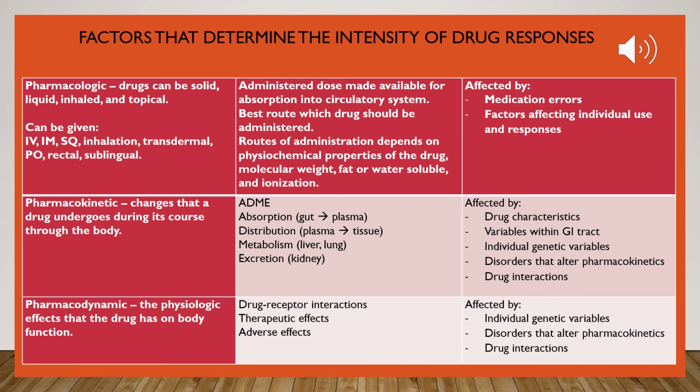And then we have pharmacodynamics, which is what the drug does to the body. So drug receptor interactions are determined by that, along with therapeutic effects and adverse reactions. Pharmacodynamics can be affected by individual genetic variables, disorders that can alter the pharmacokinetics, and drug interactions.